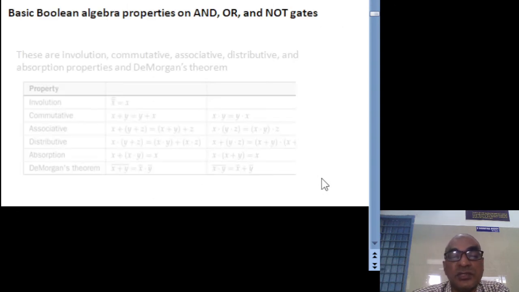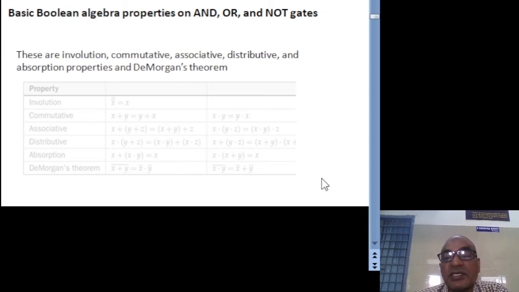Then let us observe the properties of Boolean algebra on AND, OR and NOT gates, and also De Morgan's theorem. The different properties are involution, commutative, associative, distributive, absorption, and finally one important theorem, De Morgan's theorem.